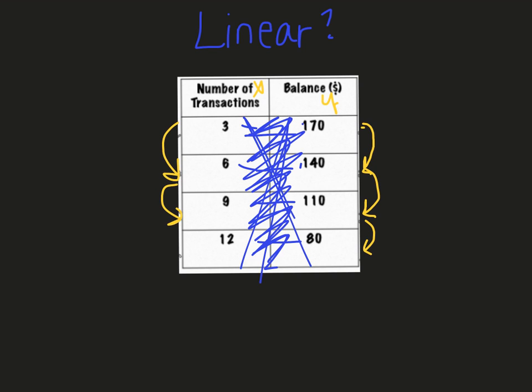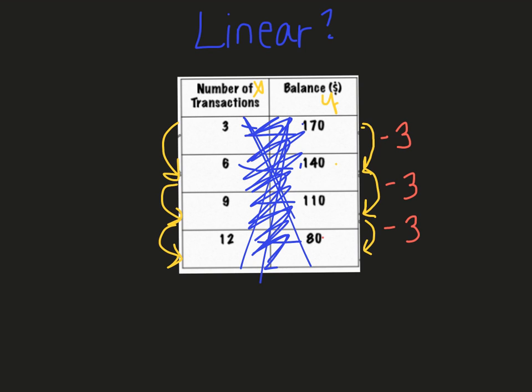Okay, now this is on your slide. I'm just doing it again to try to explain a different way. So what's it doing from 170 to 140? Well, it's going down by 30. And from 140 to 110, it's going down by 30. 110 to 80, it's going down by 30.